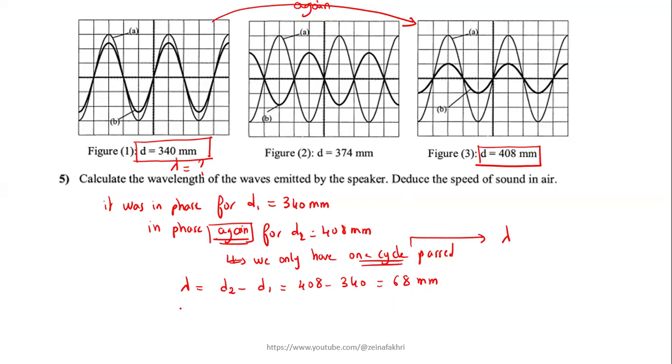We know that the speed V equals lambda multiplied by F. We have lambda in millimeters, so we convert it: it will be 68 times 10 to the power negative 3 meter. And the frequency we found is 0.5 multiplied by 10 to the power 4. So it is equal to 340 meter per second. And this will be the speed of the sound in air.